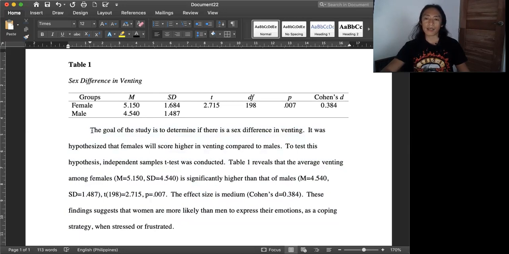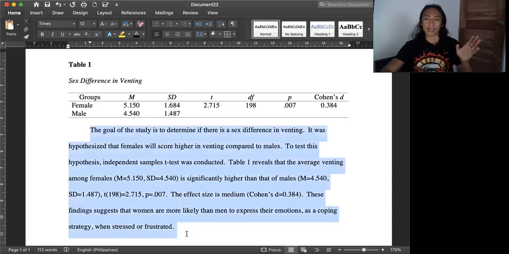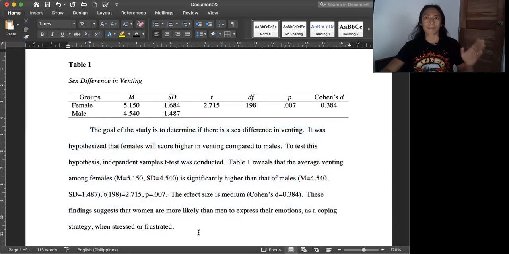But what I have here is relatively more comprehensive. And I suppose this type of writing is something that you can use in a manuscript.